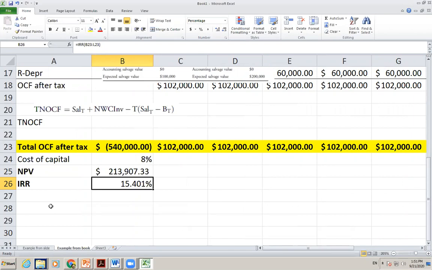It is proved by two investment criteria, NPV and IRR. NPV is more than 0, it has a positive impact, so we accept our project. And IRR is more than the cost of capital, so you should accept the project, replacing the old equipment with the new equipment.